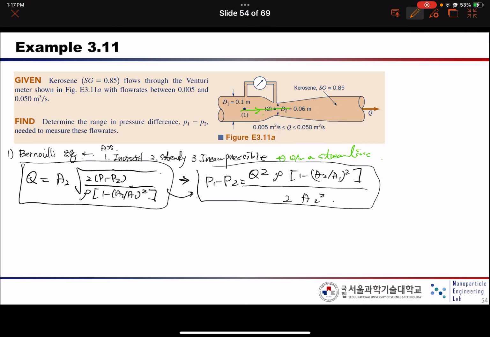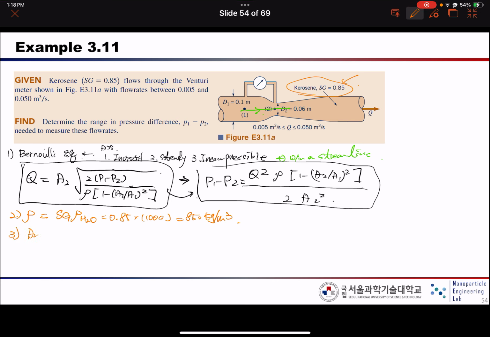The thing is, here the density is not given, only the specific gravity is given. So the density we can calculate using the specific gravity like this. Here 0.85 times 1000, so 850 kilograms per cubic meter. So this is our density.